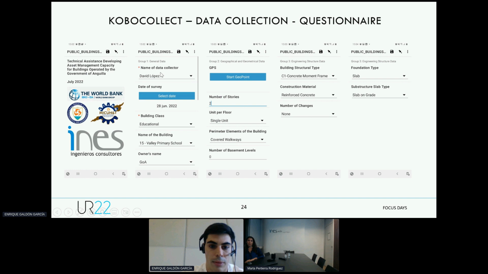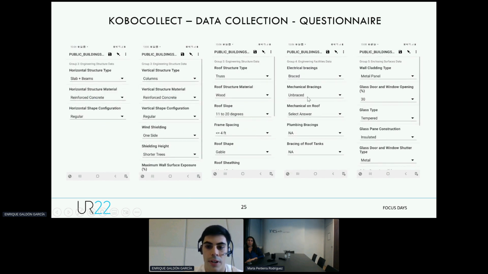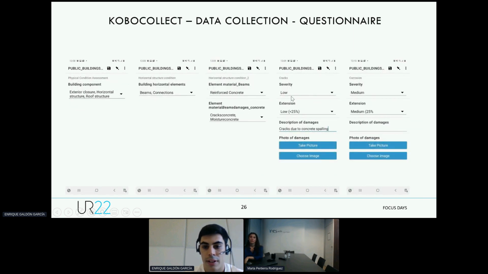We have, for example, information about the general data, geographical data, and information about the different elements of the buildings. Another quite important thing is that we can also collect all the information about the damages of the different buildings.